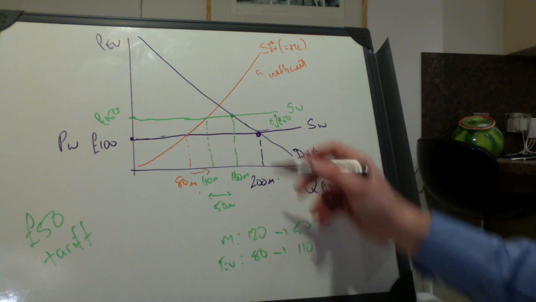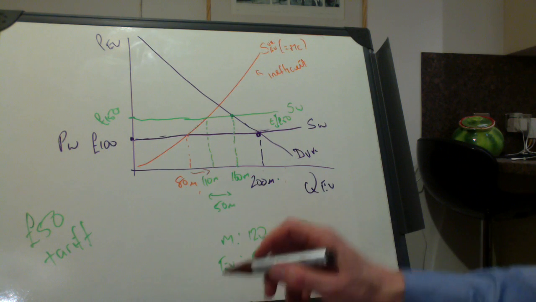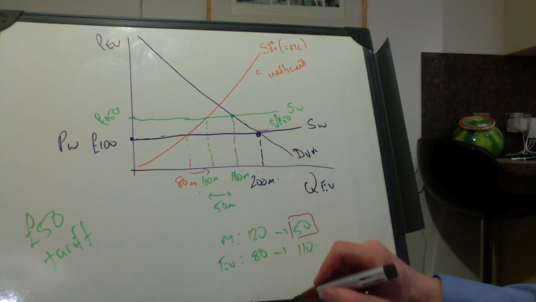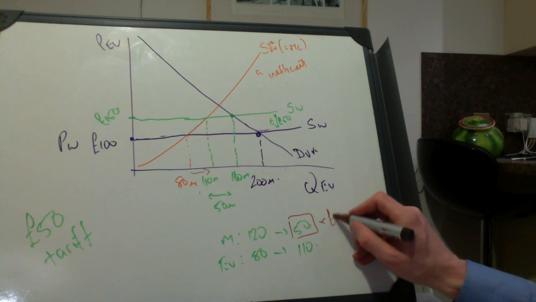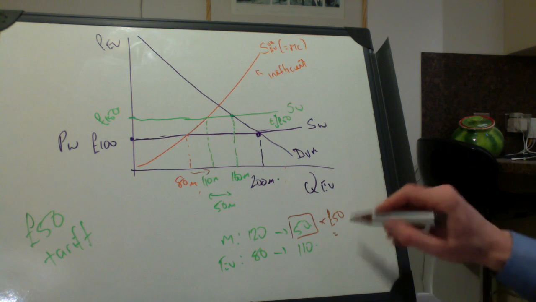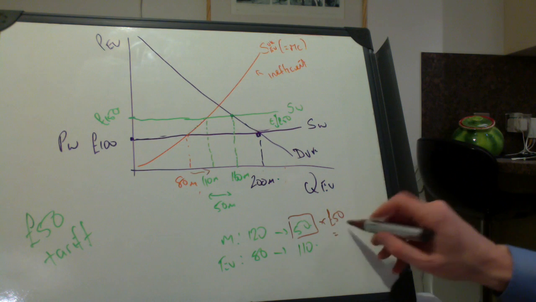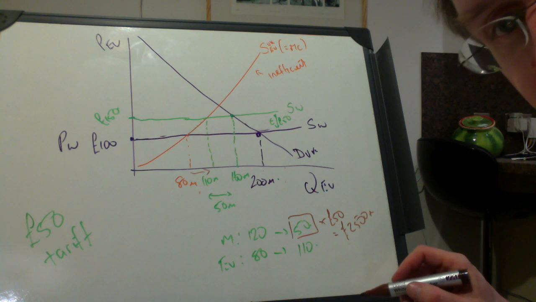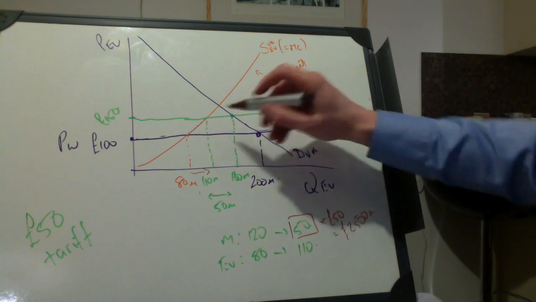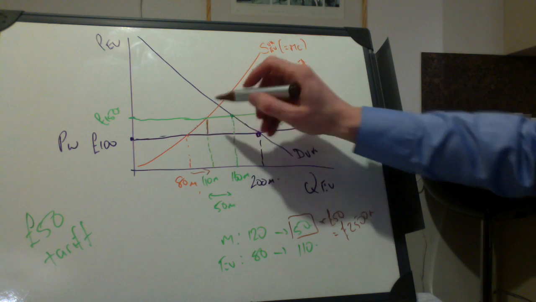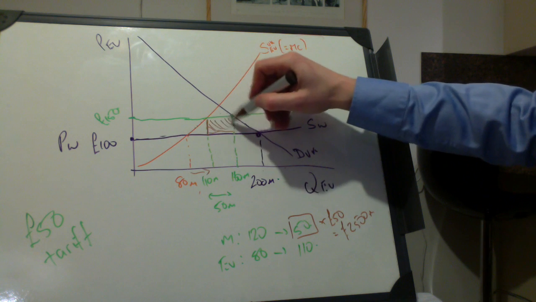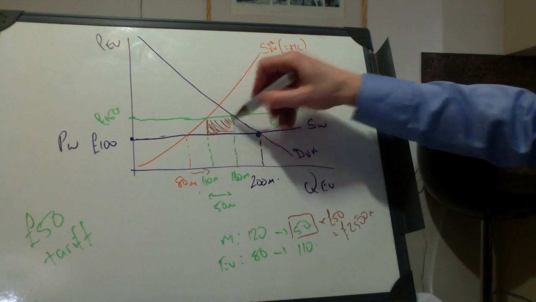So what else can we say? We can show the total value of the tax revenue to the government. We know that imports are now 50 and the tariff is 50 quid, so we can multiply those together, and if that's millions, it's 2,500 million pounds. Diagrammatically that's 50 quid times 50 units, that area there.